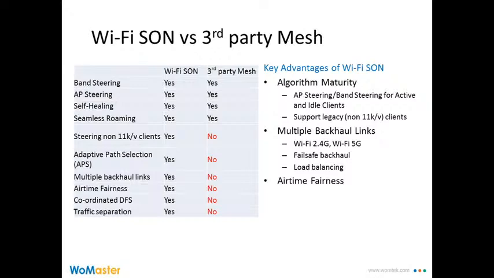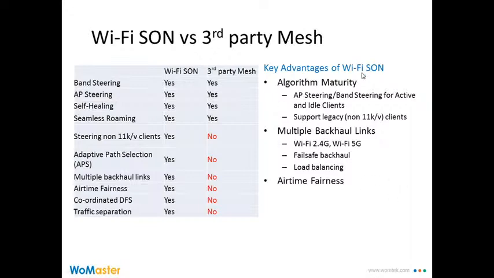As you can see, more features are supported, like steering on the 11k/v clients and APs, which can help to find the best path, multiple backhaul links, and others. With these features, the WA512GM can provide higher performance and network utilization.